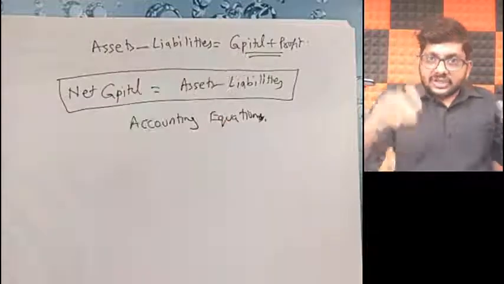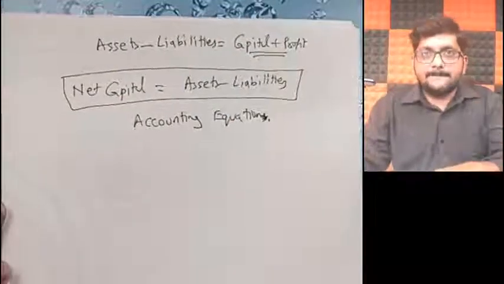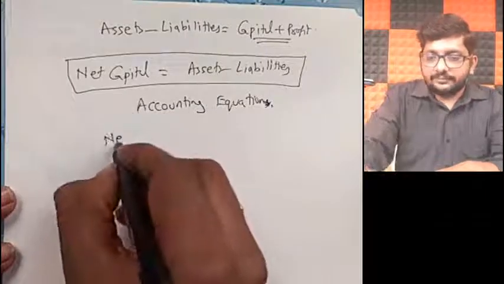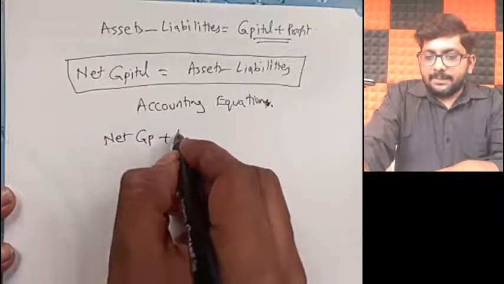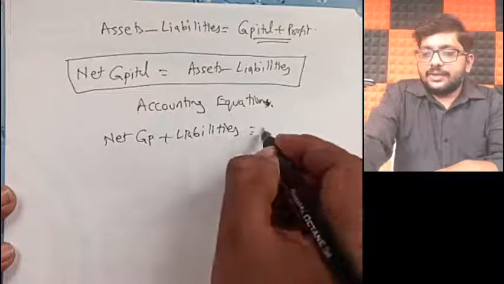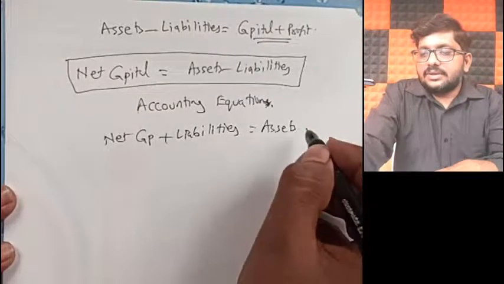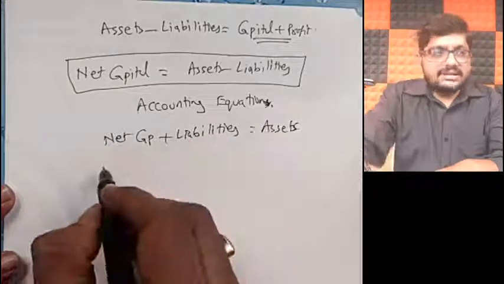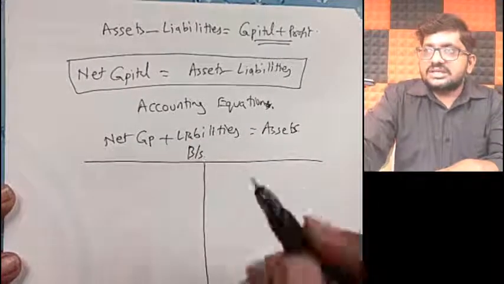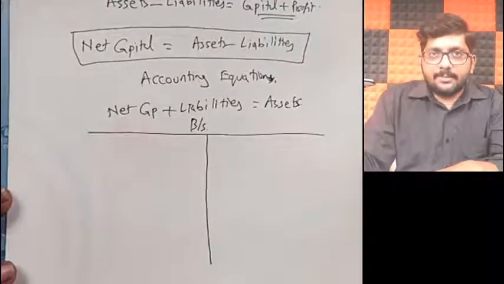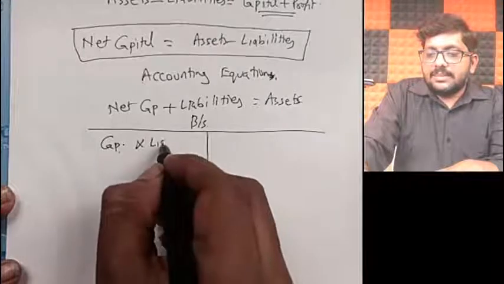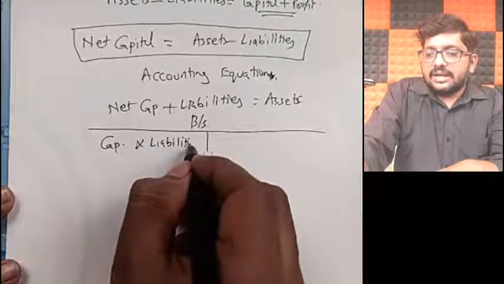Understand? Actually your balance sheet has come out of this only. For example, if at all I reshuffle this again, net capital plus liabilities is equal to assets. Correct, Amma? That's why, for those who know about balance sheet, already we discussed in our series. If we take our balance sheet, friends, we will take capital and liabilities on one side.